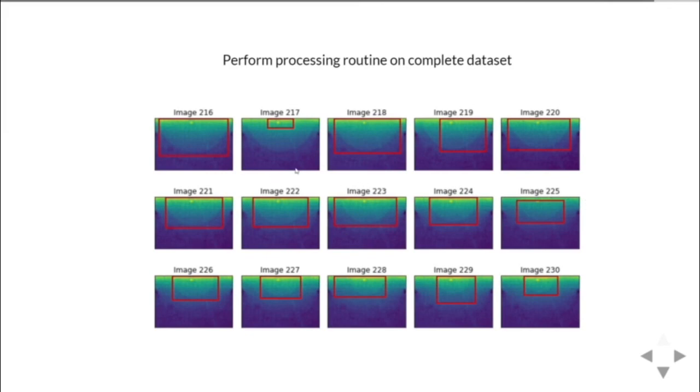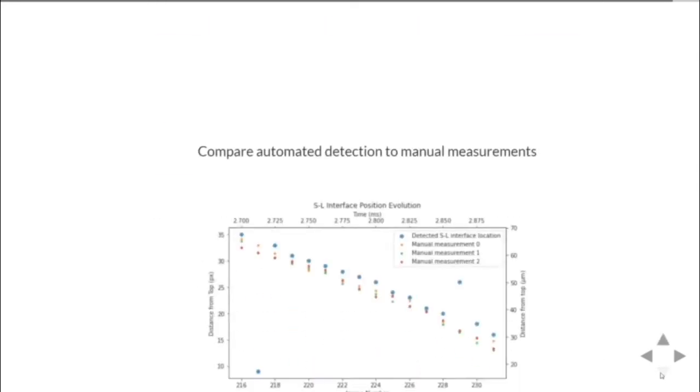And we can see that we get a bounding box for each of these images. And it pretty closely matches the solid liquid interface. In some cases, it under-identifies, and in some places, it over-identifies the solid liquid interface. But especially as far as the lower bounds go, it's pretty good at identifying where the solid liquid interface exists.